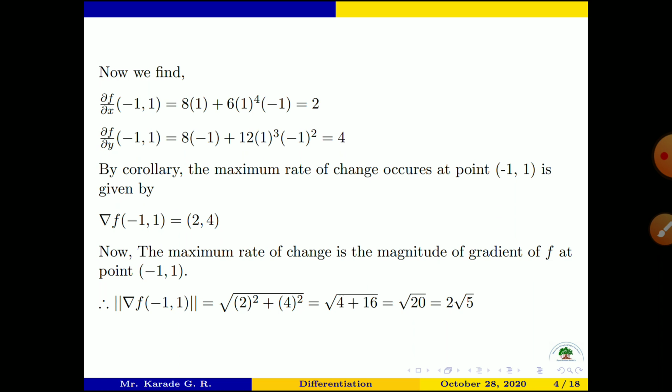In this way we find the maximum rate of change, and also we find the direction vector.